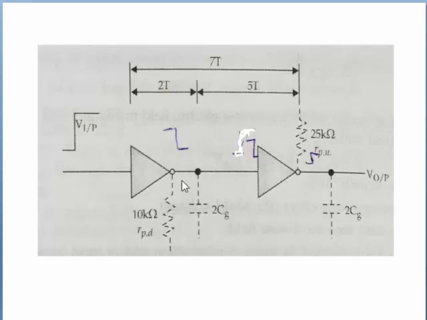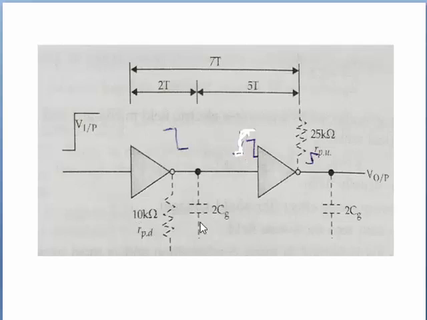Now when the input is 0 to 1, the output will be 1 to 0. Similarly, the output of the next CMOS inverter is 0 to 1, because the input of the second inverter is 1 to 0.